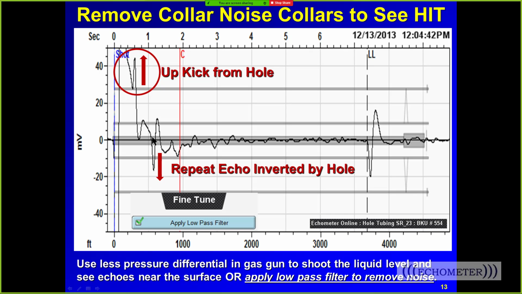The upkick comes down, it's inverted, and repeats as a downkick. If you were to look at these echoes, it would go on forever: up, down, up, down, up, down. Eventually they die out. But by applying the low-pass filter, we're able to see a high upkick near the surface, and that's probably where our hole is in the tubing.